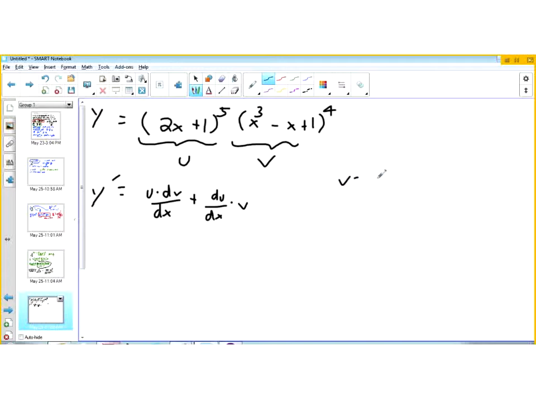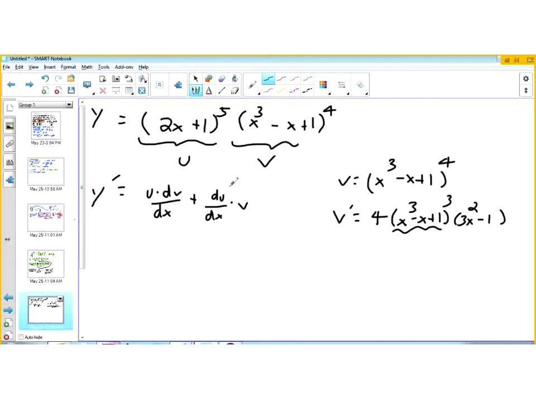Well, v is equal to x cubed minus x plus 1 to the 4th, so now we have to use the power rule. v prime, which is dv over dx, equals 4 times x cubed minus x plus 1 cubed times the derivative of what's inside the parentheses, 3x squared minus 1. We have to take the derivative of the guts of the function, so to speak. That's v prime.